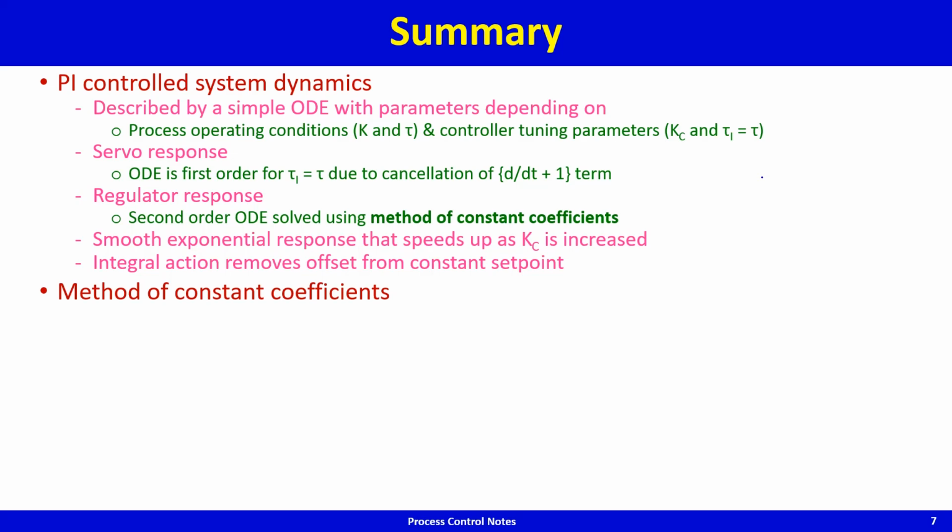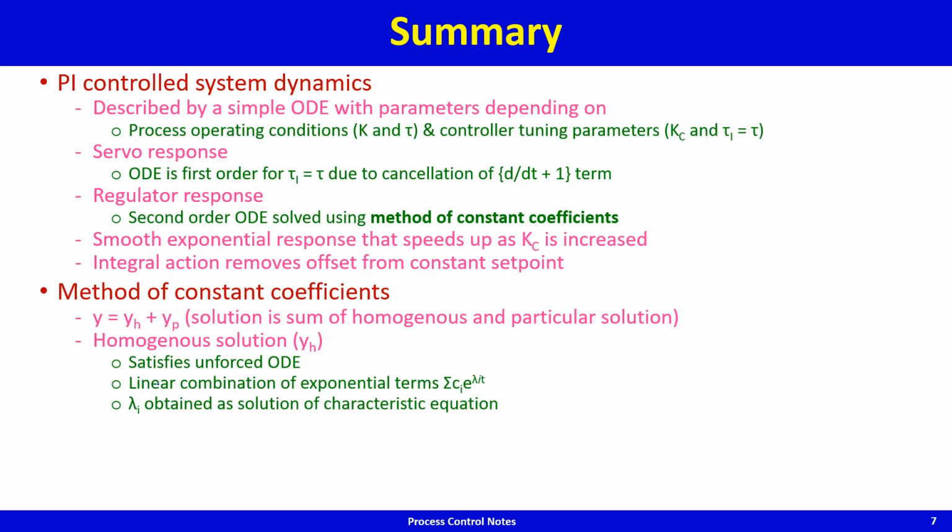The method of constant coefficients, a brief summary, is as follows. The solution of an ordinary differential equation with constant coefficients is given by the sum of the particular solution and the homogeneous solution. The homogeneous solution satisfies the ordinary differential equation with no forcing. The particular solution satisfies the forced ordinary differential equation and has the same functional form as the forcing function.